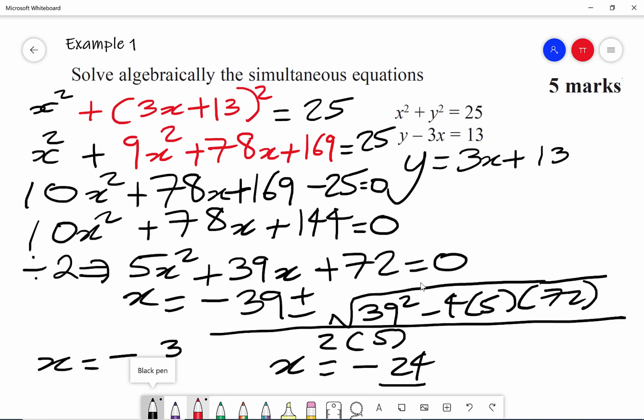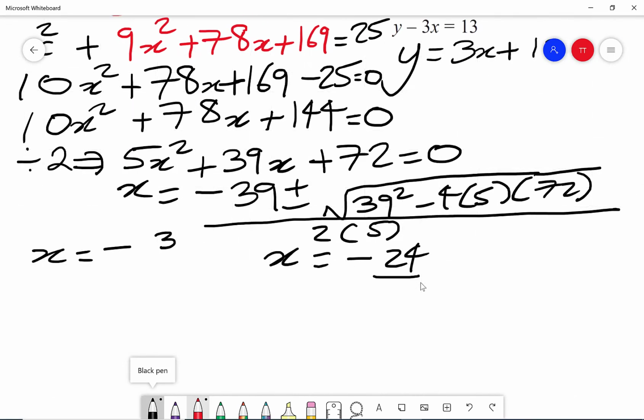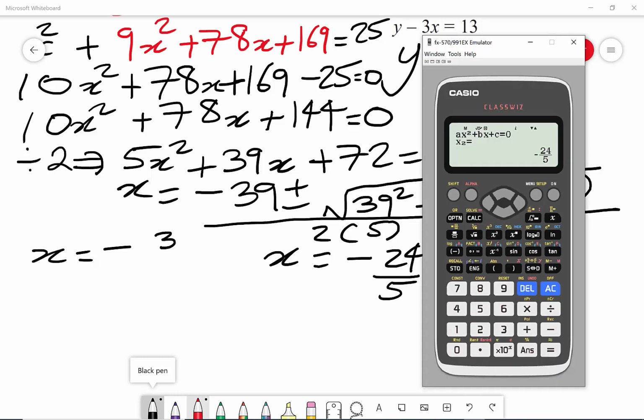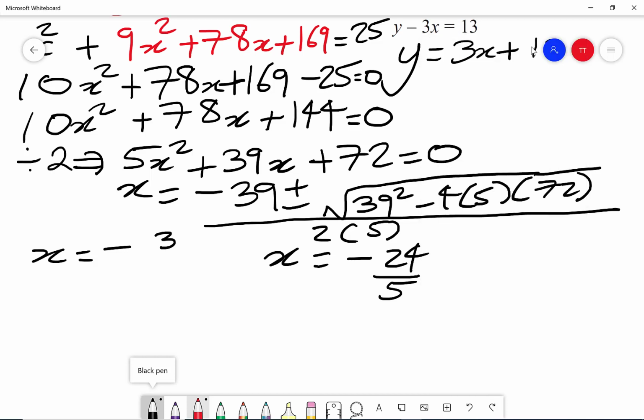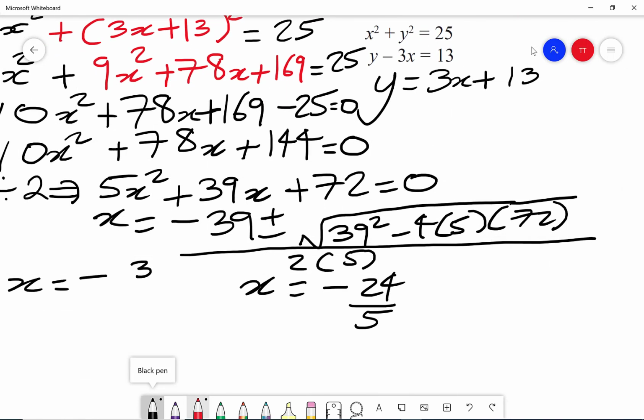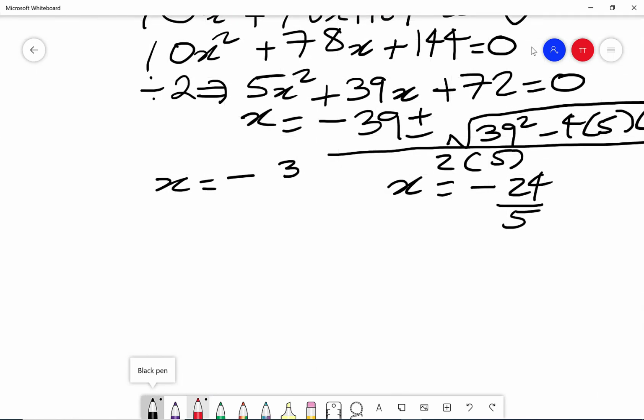So now that I've got that, I can now find out the values of y. Well, we know what y is. We just said that y was 3x plus 13. So I'm going to write that here: y equals 3x plus 13.